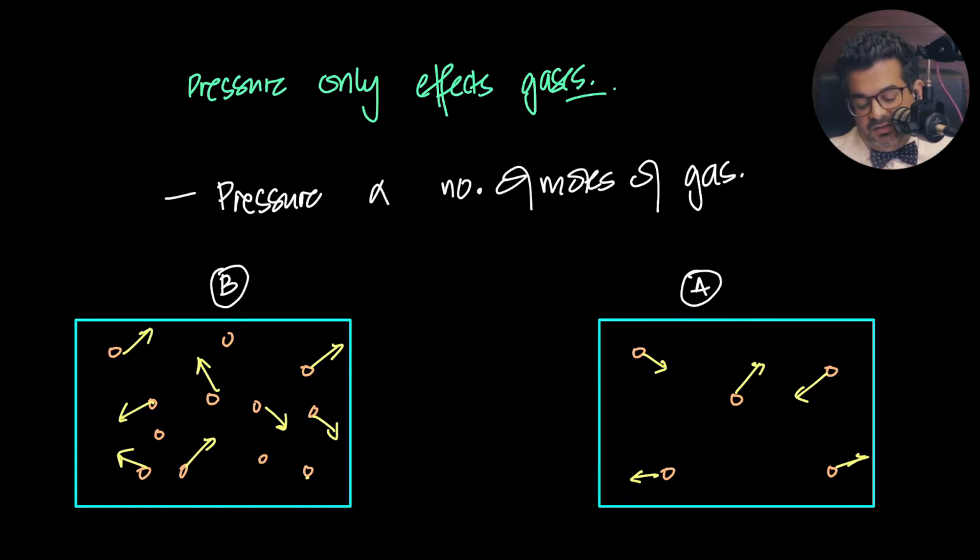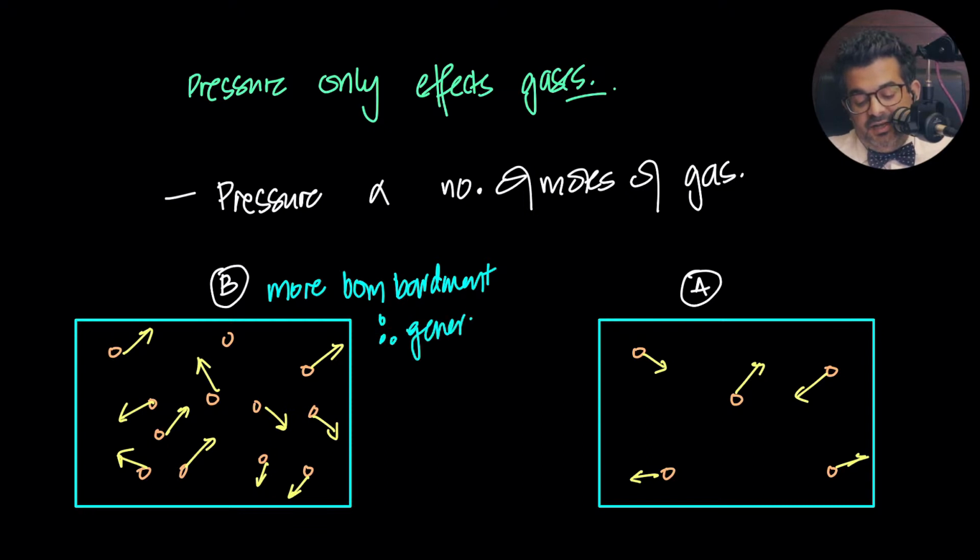If I were to ask you which of these has more bombardments per second along the wall, if all the molecules are moving at the same speed, it's pretty obvious that it's B, right? So B has more bombardment. Therefore, it generates greater pressure.